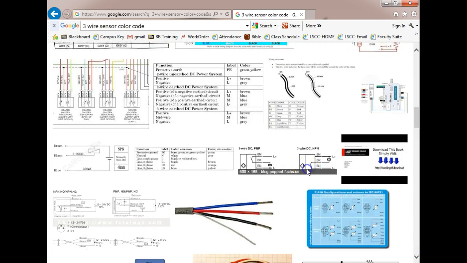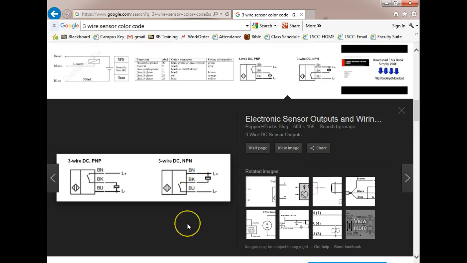Okay, so here's an NPN. Now notice, the blue is what? Negative. So the blue is negative. The brown is positive. So you'll understand that. And the black is always what? Signal. Now we're asking what the 3 wires do.